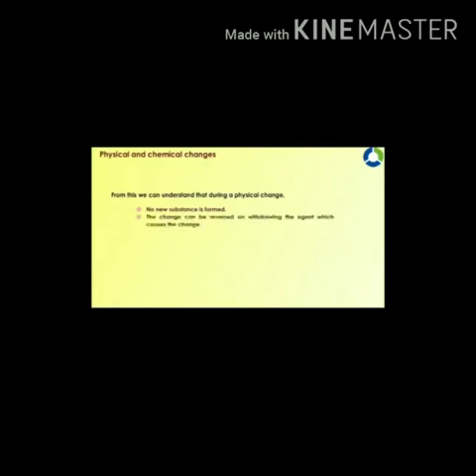Second, the change can be reversed on withdrawing the agent which causes the change. Third, the composition of the matter remains unaltered.